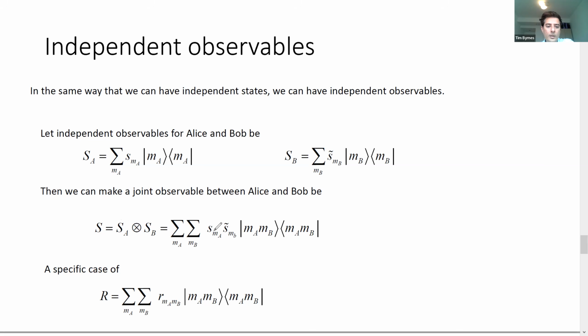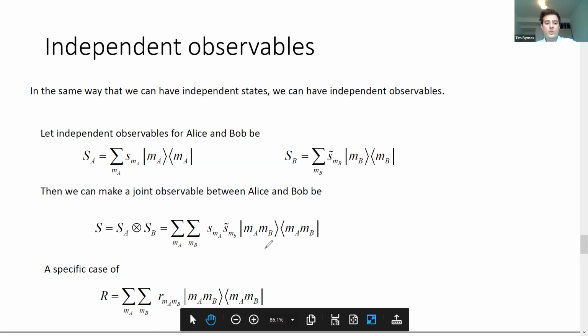So the combined observable is just the product of these individual observables.